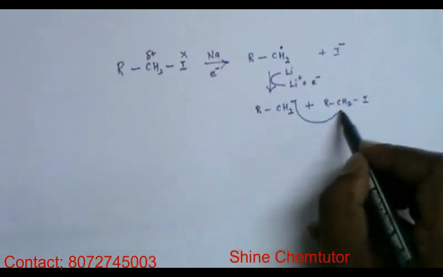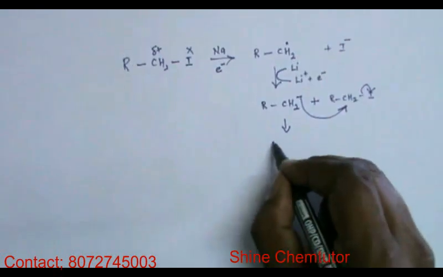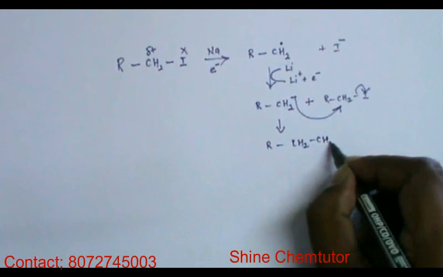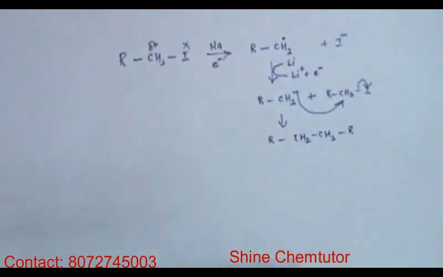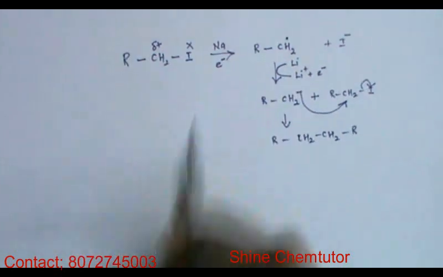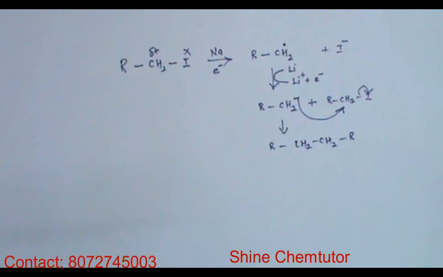Immediately this will attack, and what you get is the coupled product. So alkyl iodide, in the presence of sodium, gives the coupled product, that is called Wurtz coupling. So basically it involves transfer of single electron to electropositive atom.